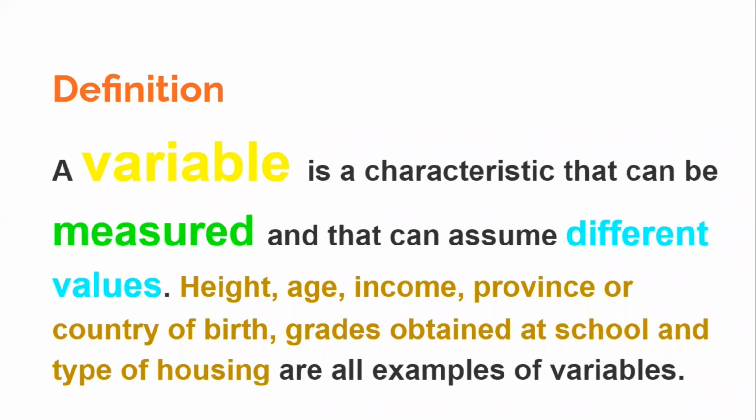So for example, taking height or age of an individual, as well as income or province or country of birth, we can see that all those characteristics can change.